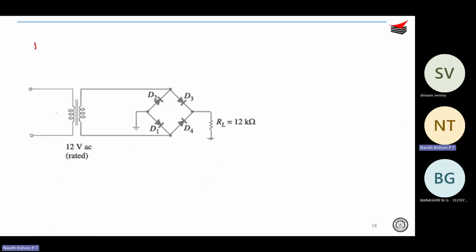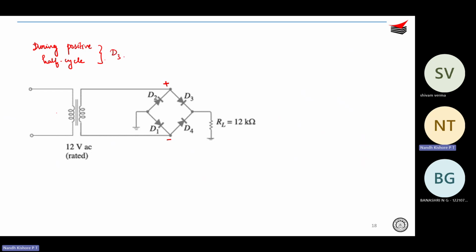So during the positive half cycle, which diodes will be on? Positive half cycle means here you are getting positive. So if you get a positive voltage over here and a negative voltage over here, which diode will be on?